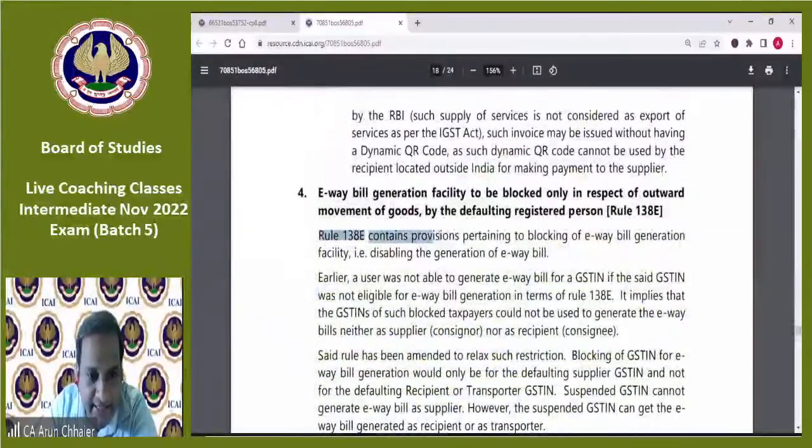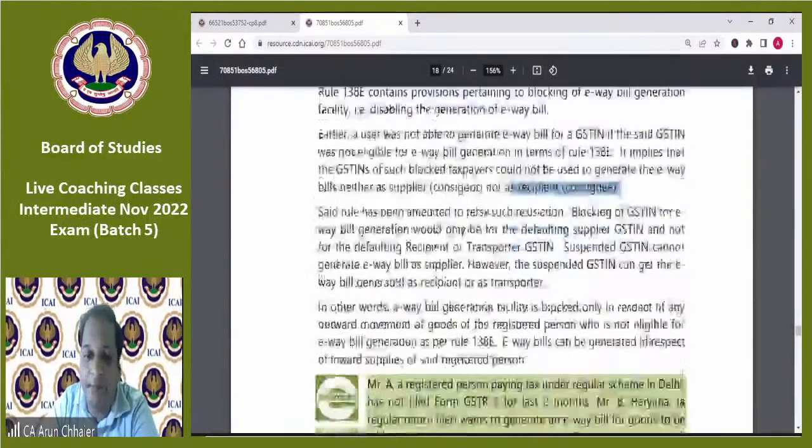Rule 138E contains the provision pertaining to the blocking of e-way bill, that is, disabling the generation of e-way bill. Earlier, a user was not able to generate the e-way bill for the GSTIN if the said GSTIN was not eligible as per Rule 138E. It implies that the GSTIN of such a blocked taxpayer could not be used to generate the e-way bill neither as a supplier nor as a recipient.